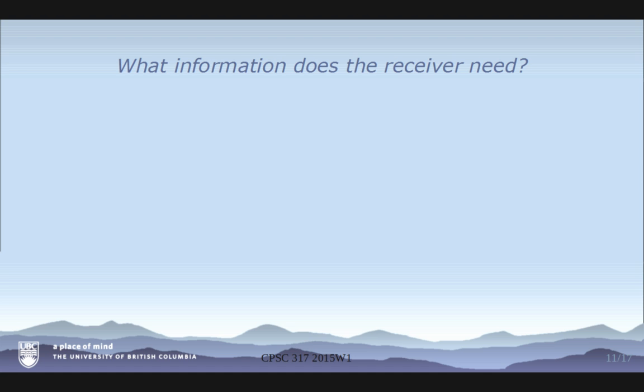However, we haven't addressed the concern of how we know that this one goes to, let's say, file descriptor number 1, and this one is supposed to go to file descriptor number 2. Is that right?